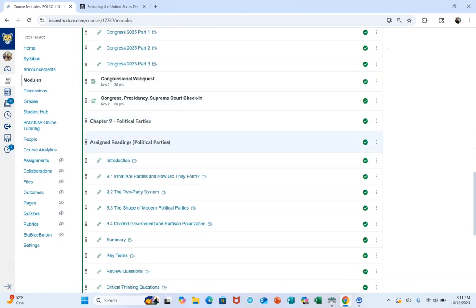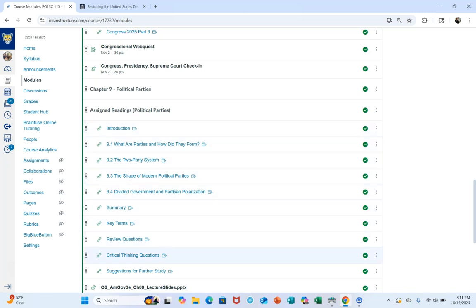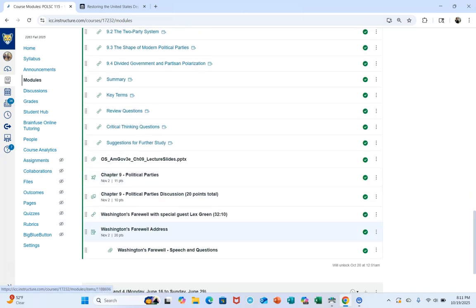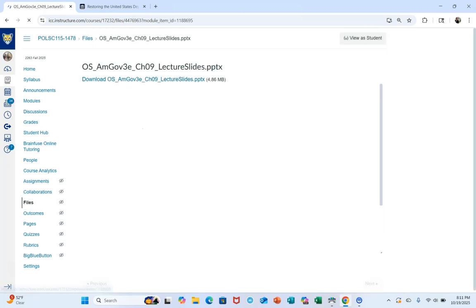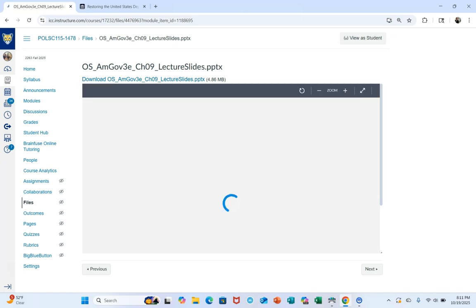Then political parties, you're reading everything in your book here. Again, don't be put off by all these links. It's just 5 sections and then a bunch of stuff in case you want to learn more. There is a slideshow that went along with this that the book provided.